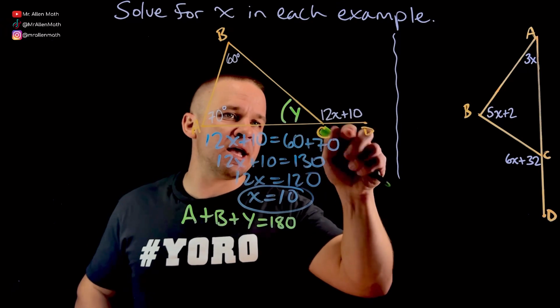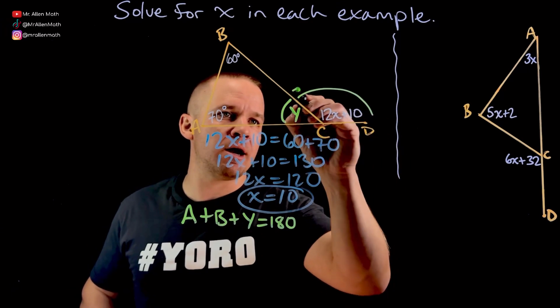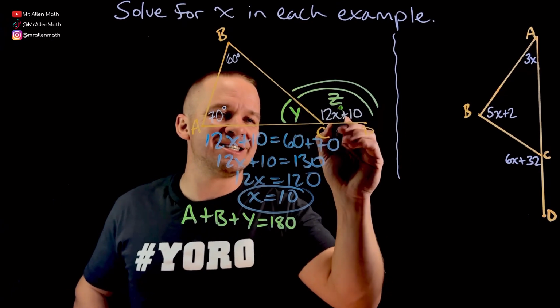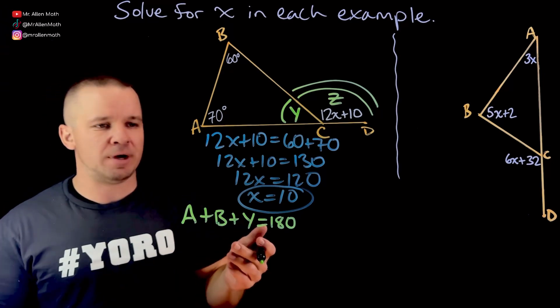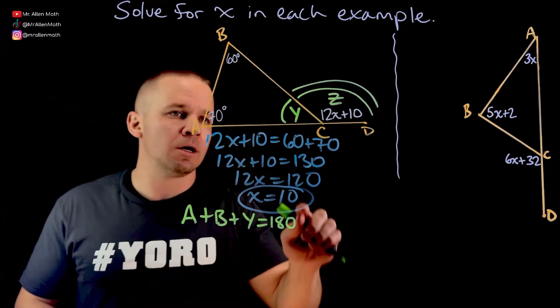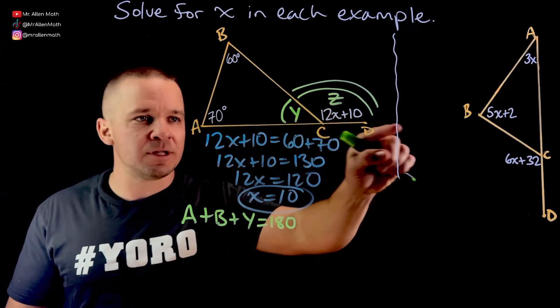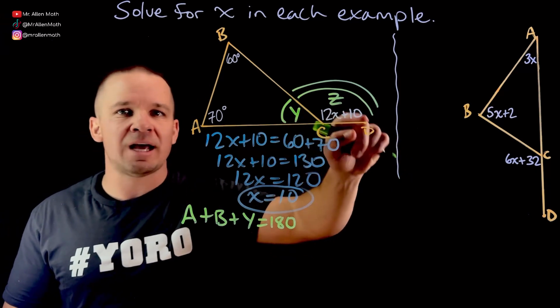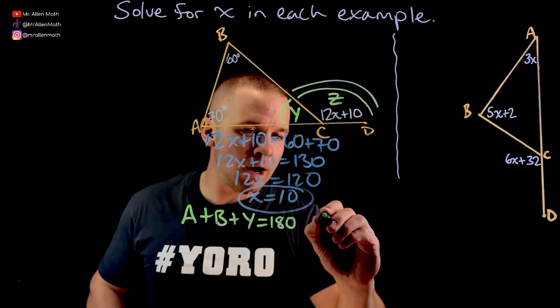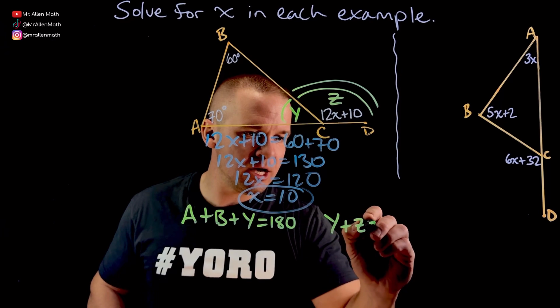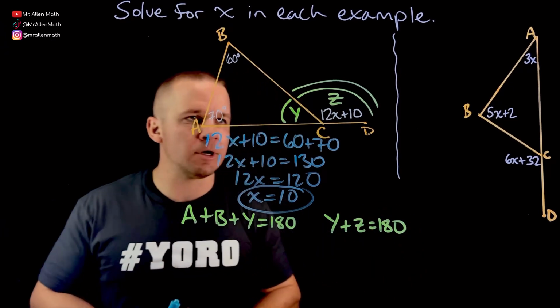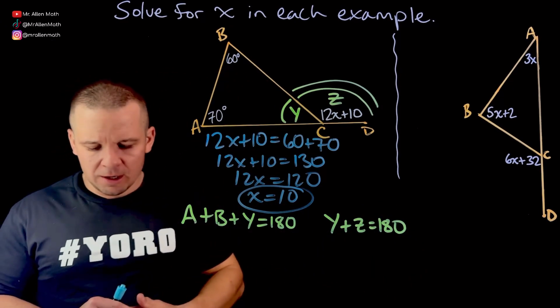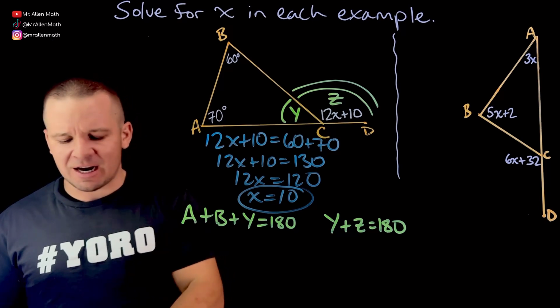Now, I'm going to call this angle out here, this big guy right out here, I'm going to call that Z, for this particular situation, just to model what's going on here. I know that Y and Z, they add up to that straight line there, right? So that's going to add up to 180 degrees. So Y plus Z equals 180, okay? Now, do we notice anything in common here?